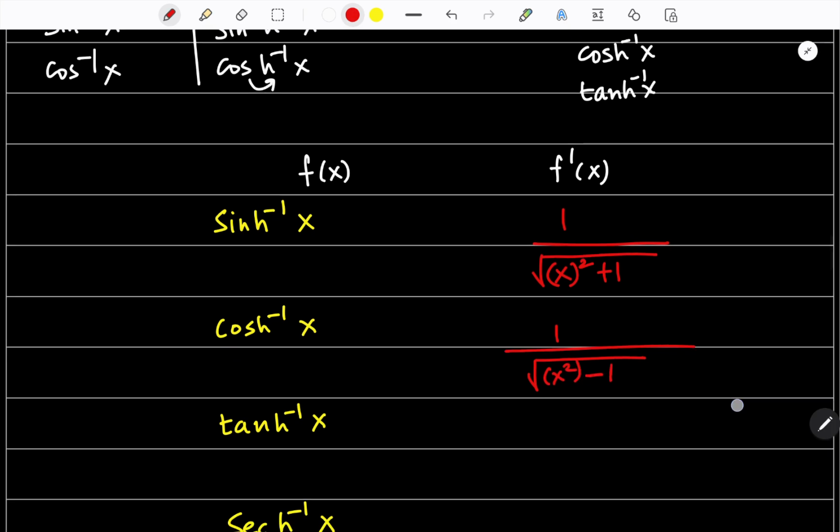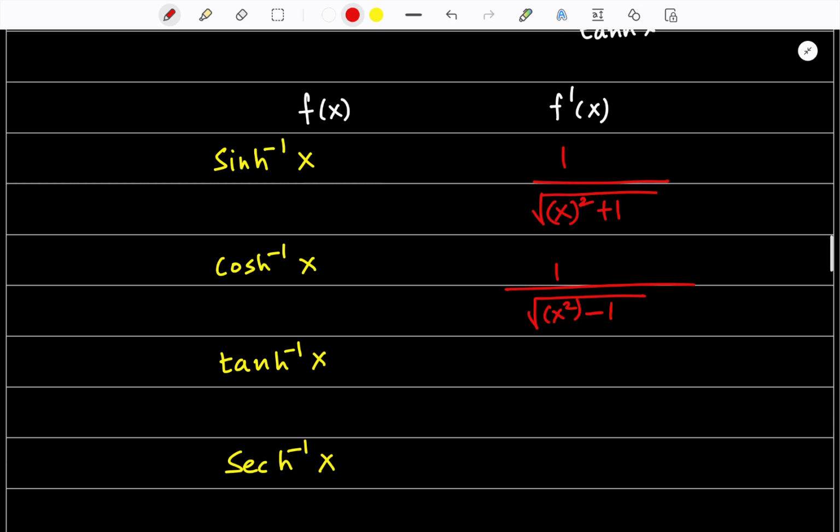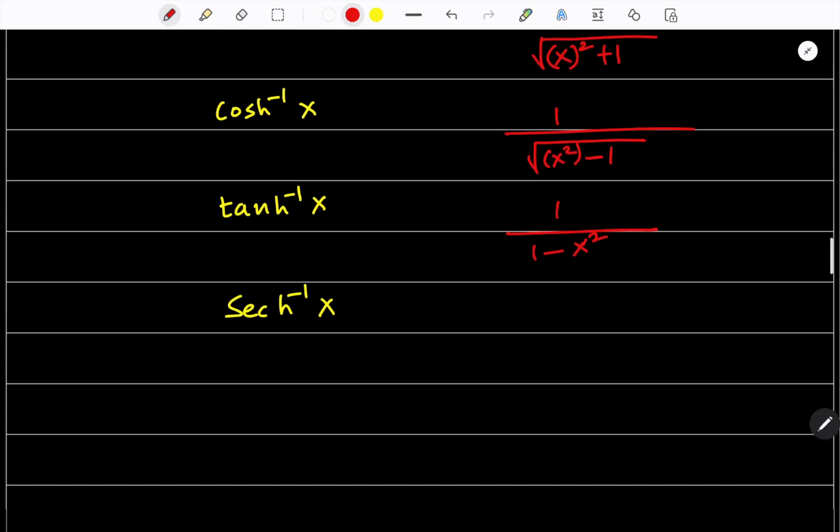Next, tan hyperbolic inverse: there you will get a plus, but here it is minus. 1 divided by 1 minus x square. Then secant h inverse x is minus 1 divided by x times square root of 1 minus x square.